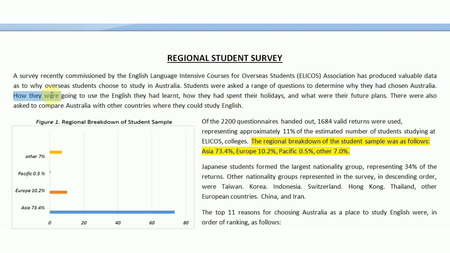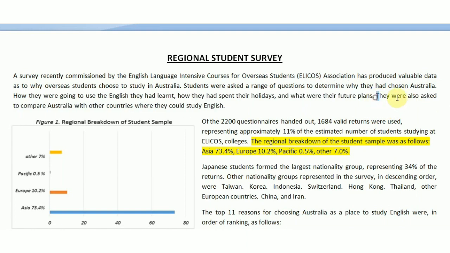Second is how they were going to use the English they had learned. Third one is how they had spent their holidays, and fourth one is what were their future plans, and the fifth one is they were also asked to compare Australia with other countries where they could study English.